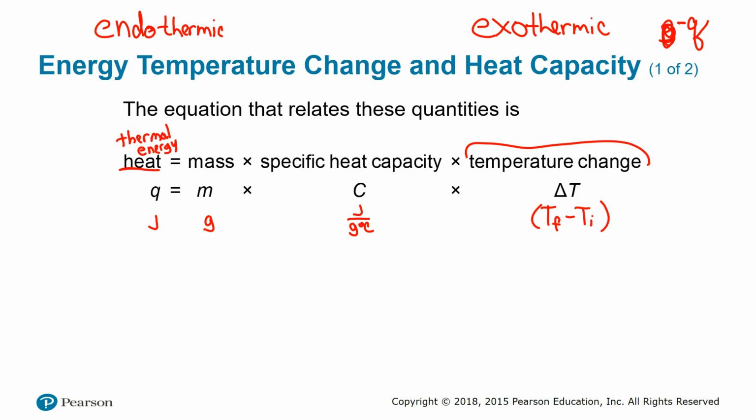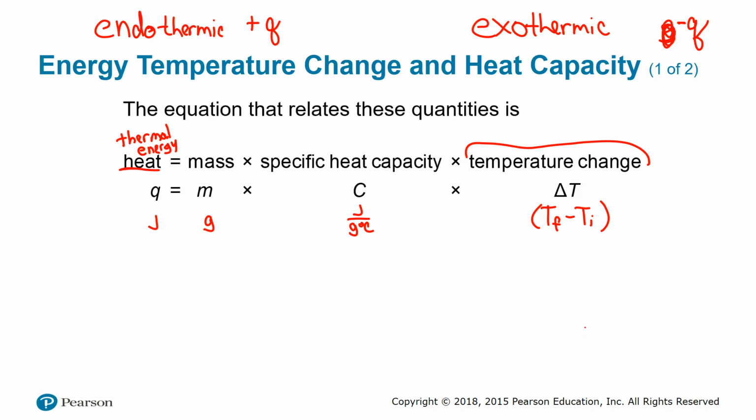All right. Endothermic, heat is entering the system, so it gives us a positive Q. For the most part, I'm not always going to care if you know it's endothermic or exothermic.